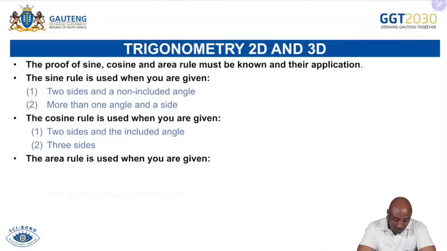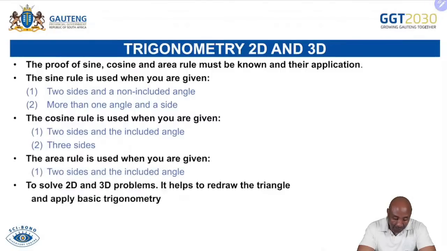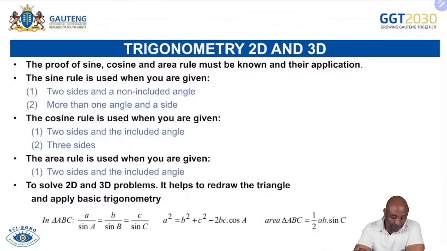Our area rule, we use it when we have two sides and an included angle. And to solve 2D and 3D problems, it helps to redraw triangles, and we apply basic trigonometry. That's our sine rule, our cosine rule, as well as our area rule.